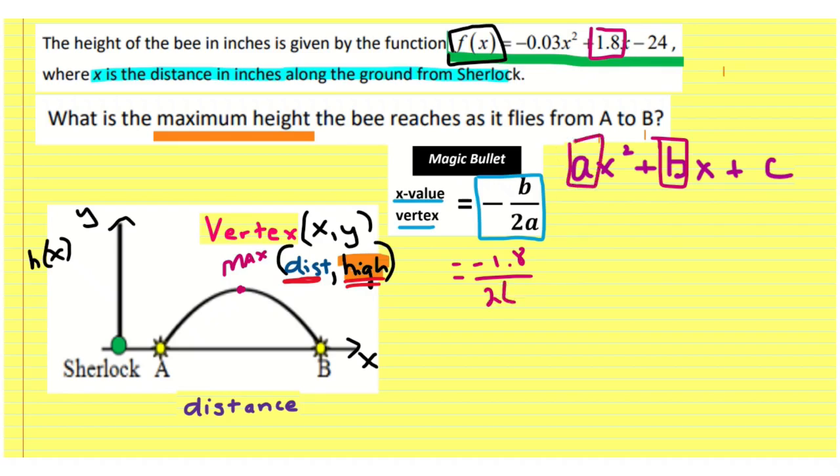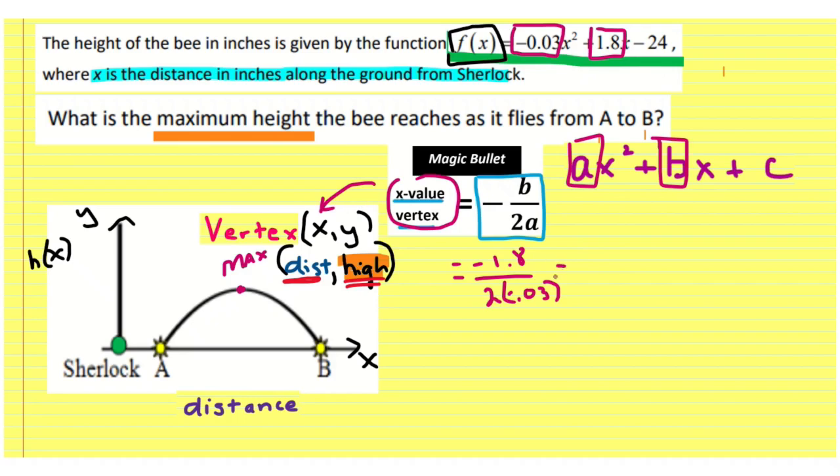Our a number is what's in front of the x squared term, so it's negative 0.03. And that is going to give us the x value of our vertex. So we are finding the x value using this magic bullet.